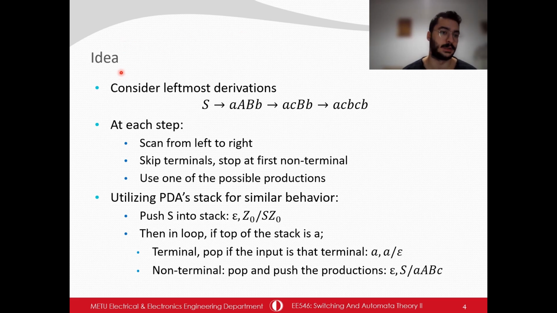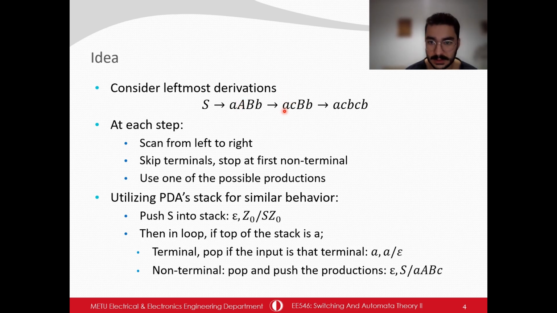To start, we consider only the leftmost derivations. So in leftmost derivations, we always use the productions of the leftmost non-terminal character to derive our string. So in algorithmic way, we actually do this without thinking in our minds. We scan all of these forms from left to right, and what we do is we always skip the terminal characters until we hit a non-terminal character, and we use one of its productions.